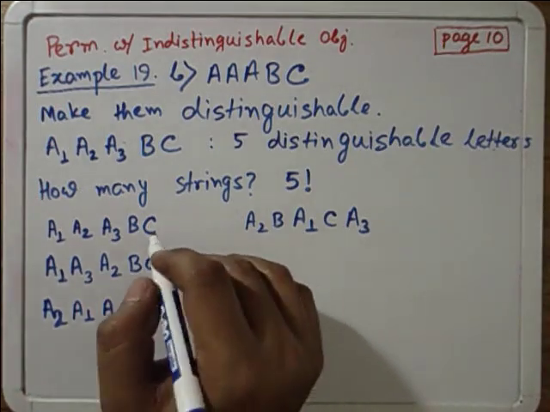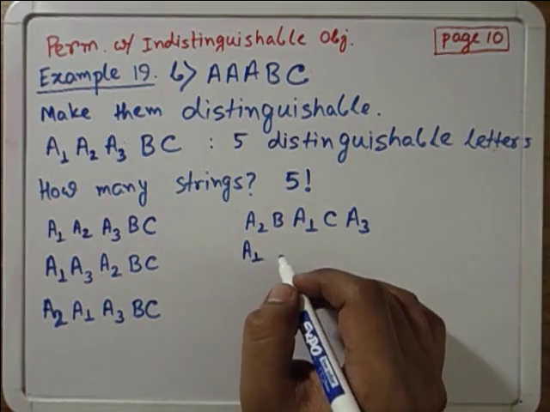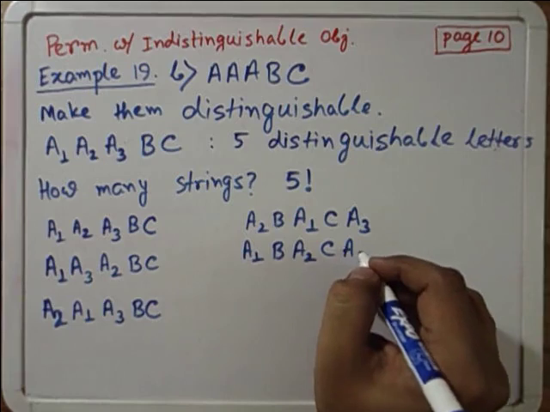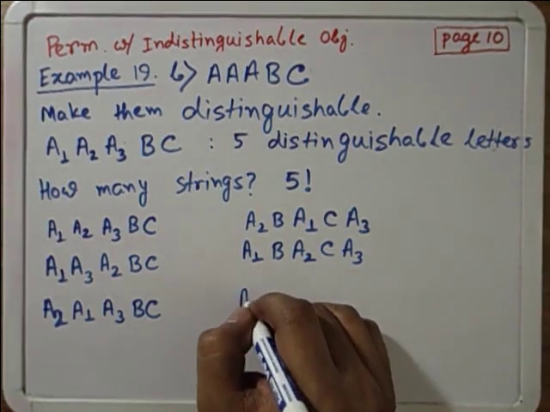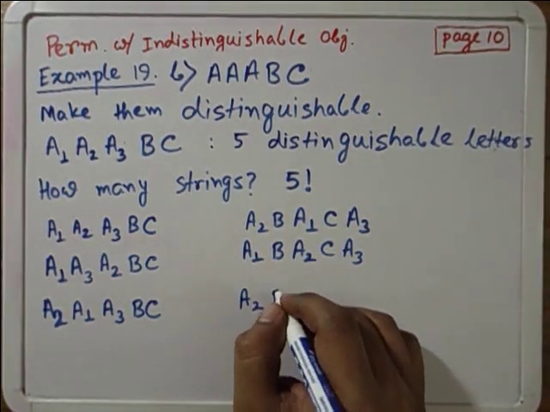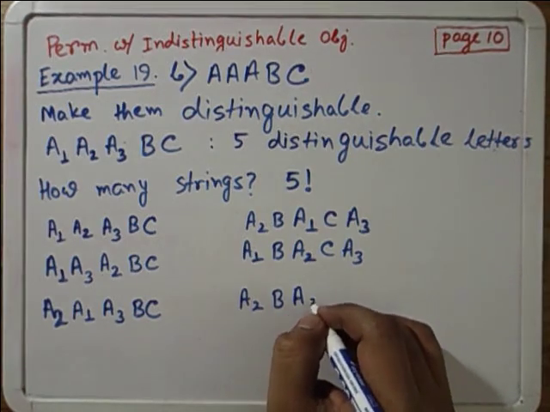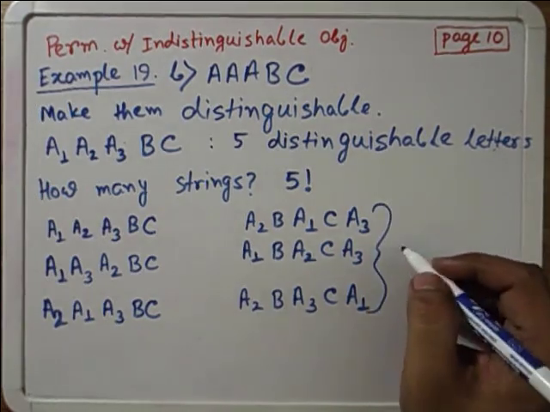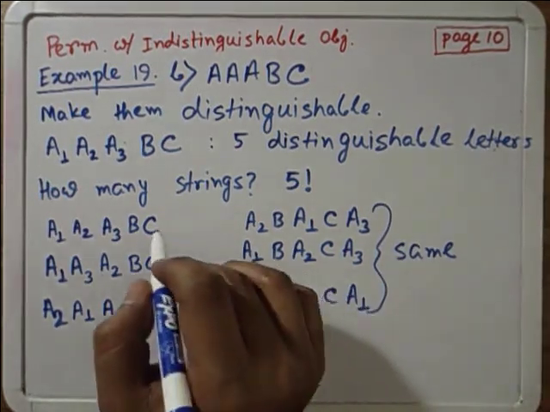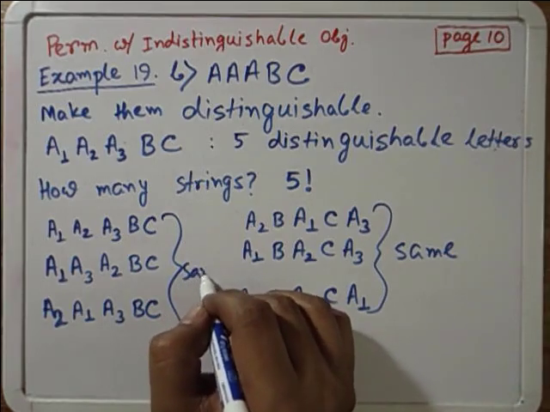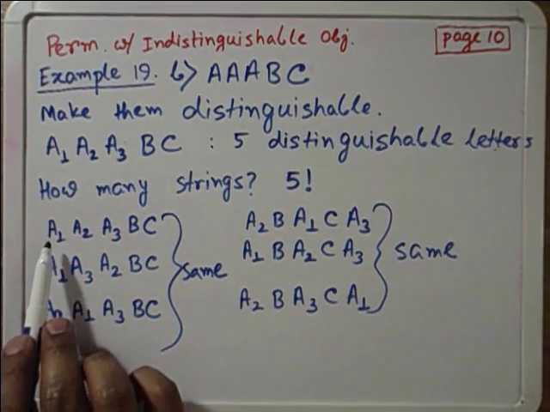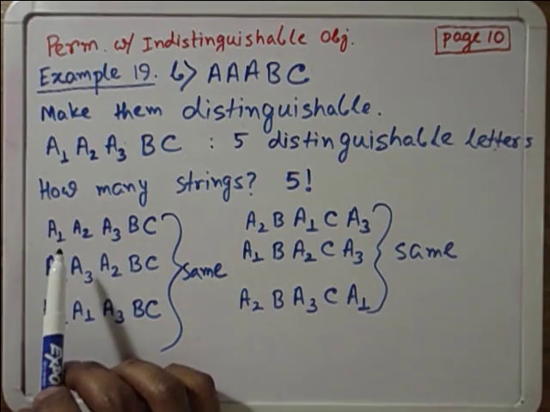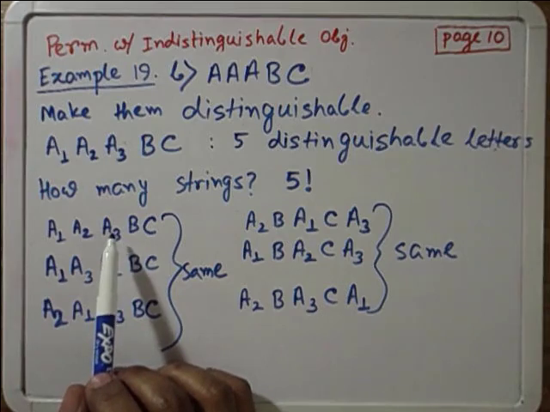For example, this one, this is also same as this one, same as this one. These are same. These are also same actually, because A1, A2, A3 is same as A1, A3, A2, since they are all actually A's.